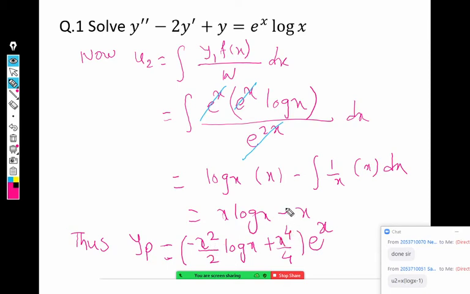This is x square by 4, my mistake. This entire bracket is u1, and this is y1. So u1 y1 plus u2. U2 is just what we calculated here, x log x minus x, or you can take x common, into x e raised to x. So that is yp. And now at the end, don't forget to write that yc plus yp is the general solution or complete solution.